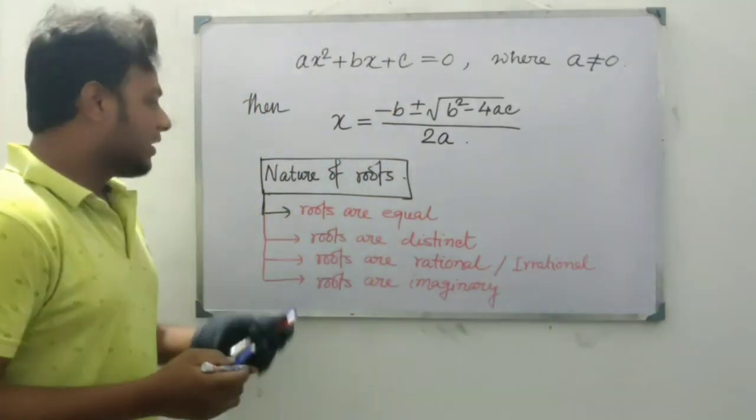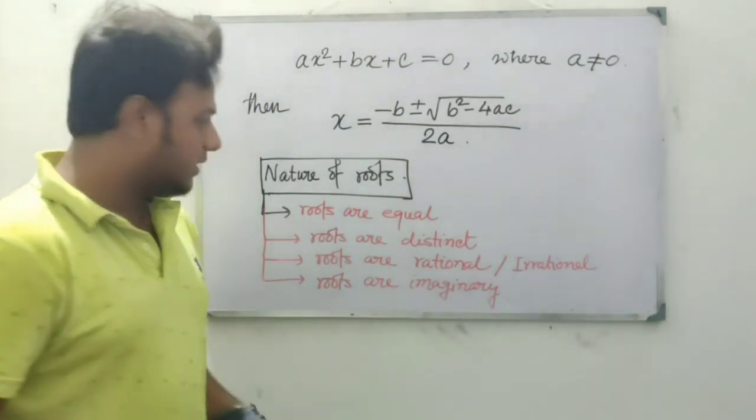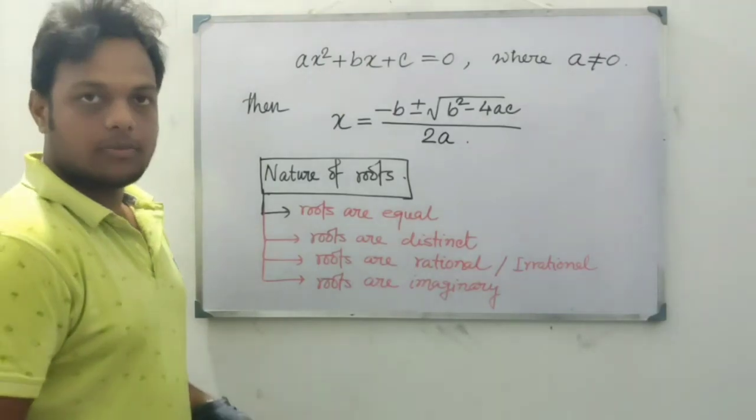We have to check the nature of these types of roots: roots are equal, roots are distinct, roots are rational or irrational, roots are imaginary or not.